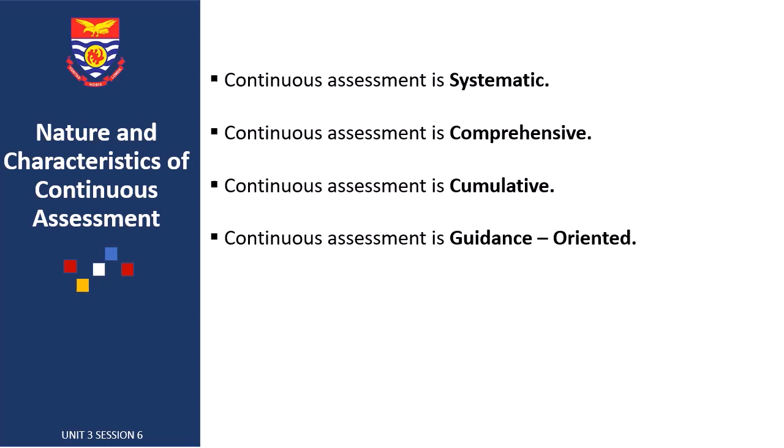You with your students, you've conducted the continuous assessment, you've piled them up using comprehensive strategies and different approaches, and you are systematic. So you believe, you trust your continuous assessment you've done. So you can use that to give guidance to the student based on where the student can go.